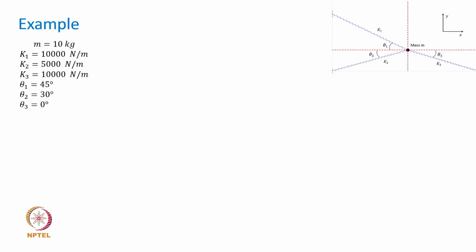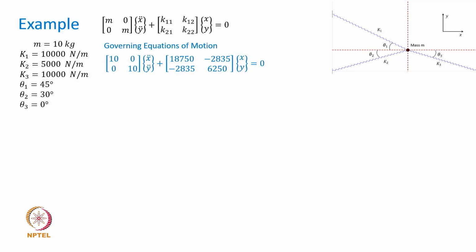Using some numerical values for each of these parameters of the vibratory system and fixing a configuration, we can visualize the motion properly. If you use these parameters, you can easily show that the governing equations of motion transform to this in terms of numerical values of individual elements.